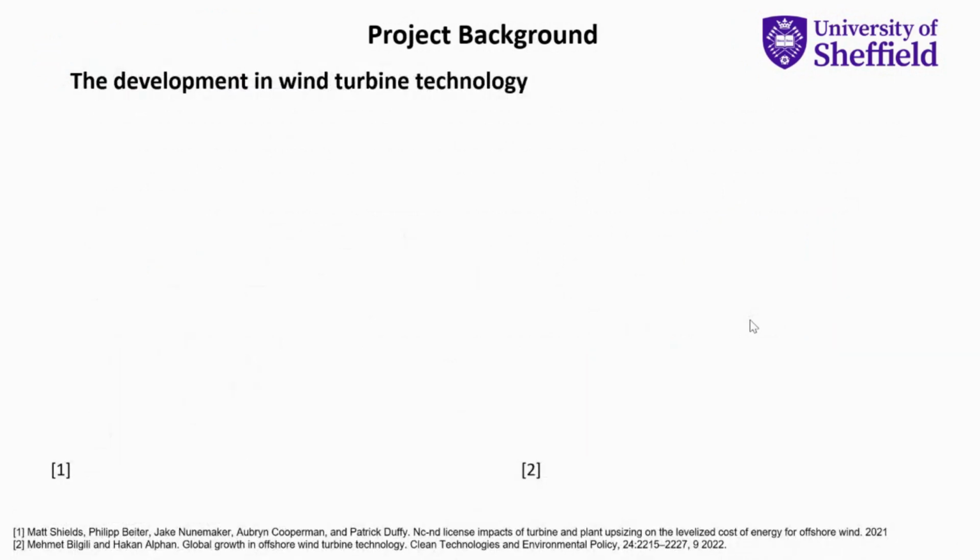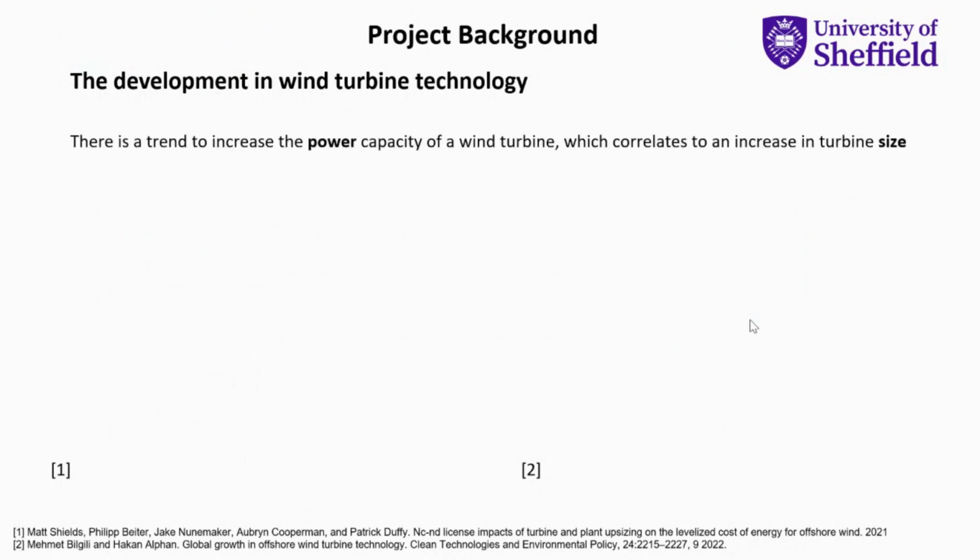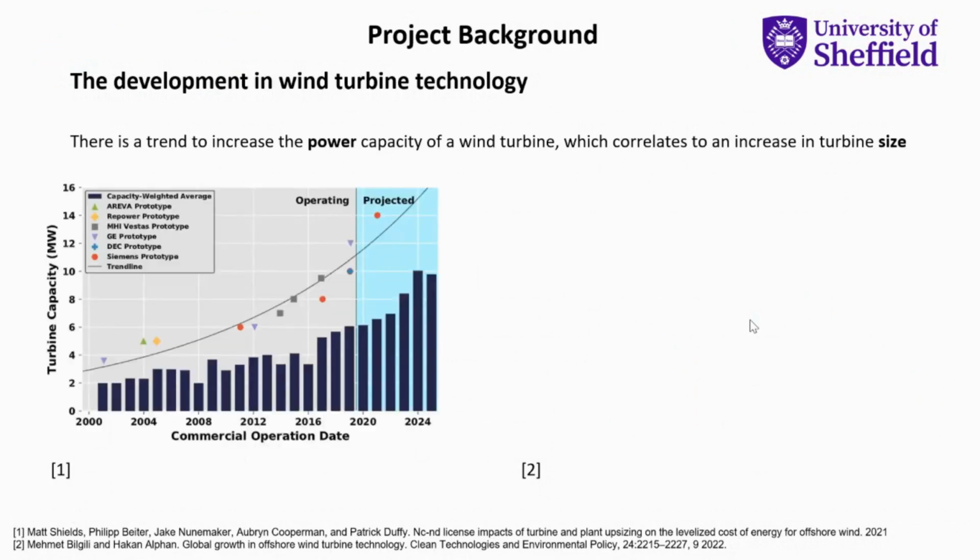There's been massive developments in wind turbine technology recently, a lot of investment, and the trend is to just keep on going bigger in terms of the power capacity. So you can see back in 2000 from that graph, we were prototyping 3 megawatt wind turbine capacity, but now we're going up to 16-20 megawatts wind turbine capacity.